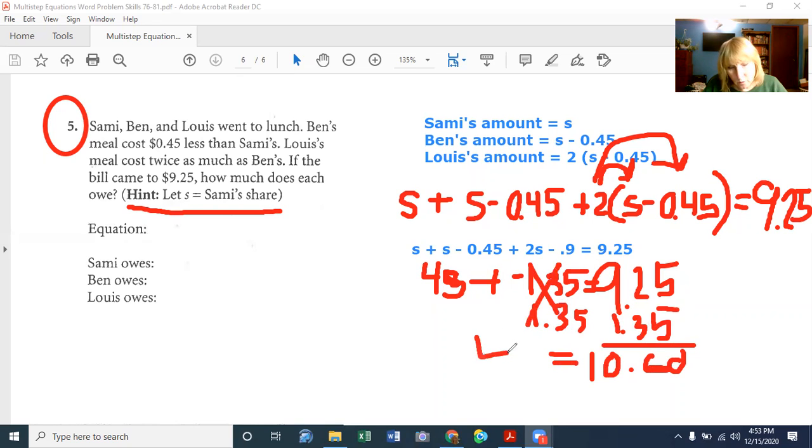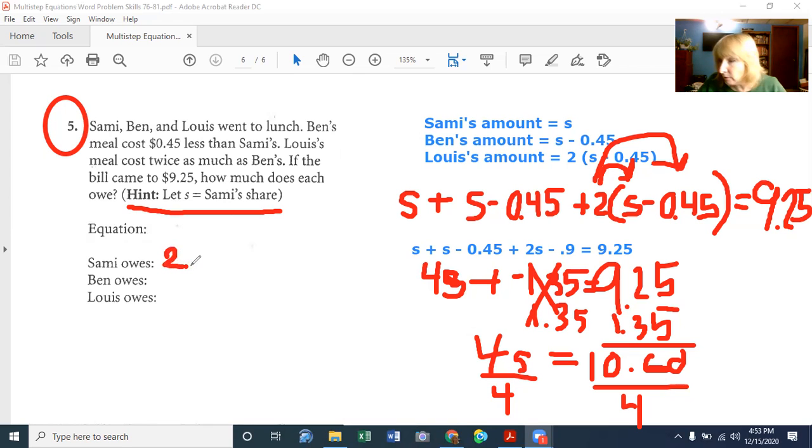I'll be left with 4S. And then I will divide both the left and right side by 4. And for the sake of time, I am going to use my calculator. 10.6 divided by 4 is $2.65 for S.